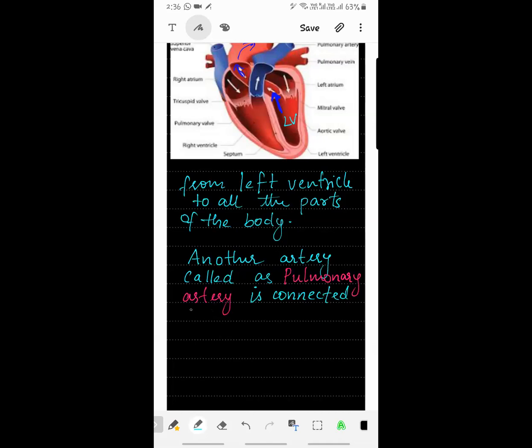connected to the right side of the heart, or we can exactly say the right ventricle of the heart.